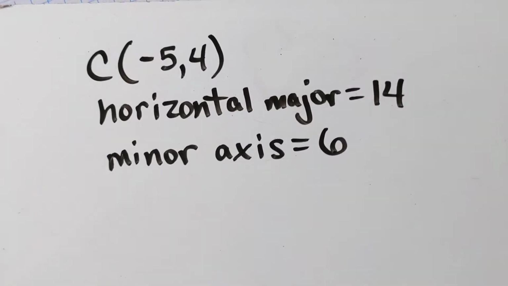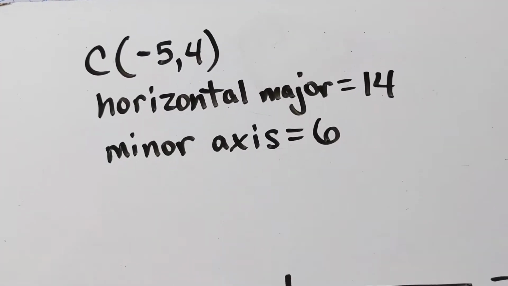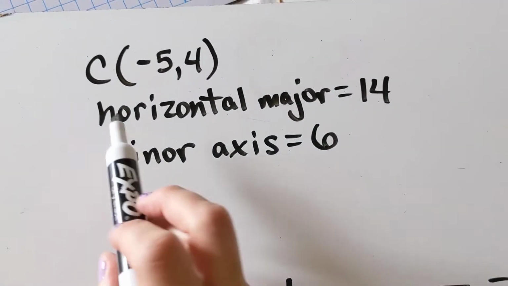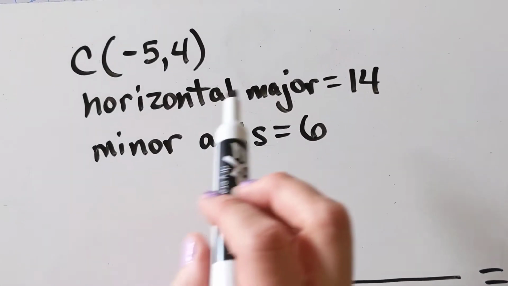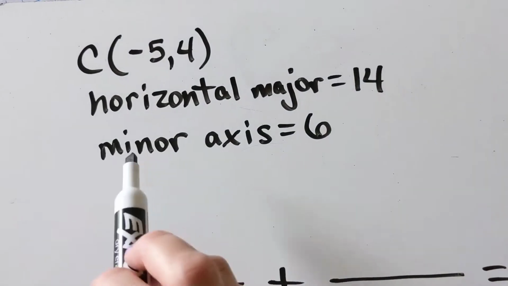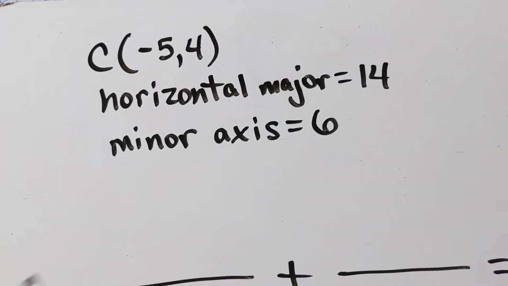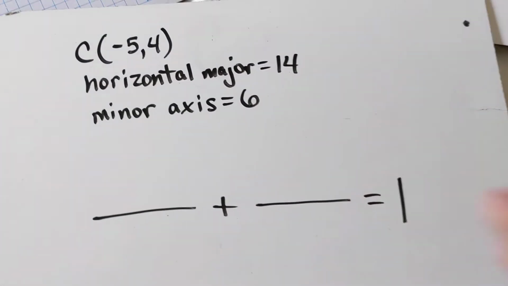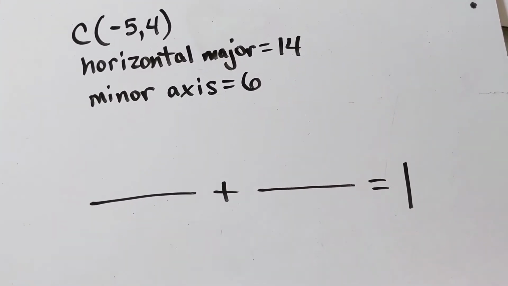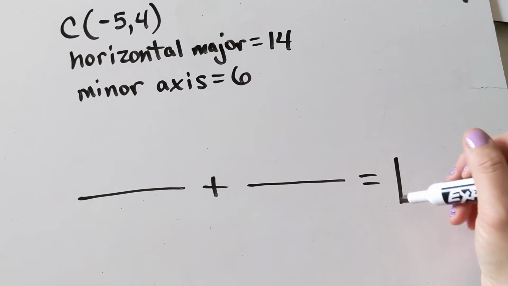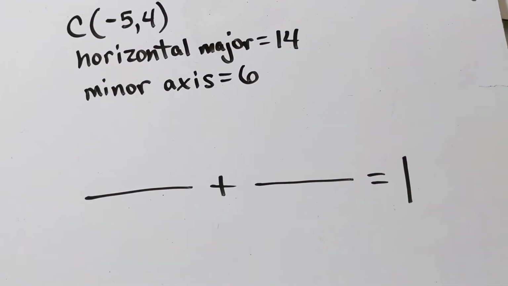Okay, so let's do one of those problems like the last 2. They'll give you the center. They're going to say either horizontal or vertical, so that tells you x or y, and your major length and your minor length. So start with one of these fractions right off the bat. We have 2 fraction bars, one for x, one for y, and it equals 1, and again it's plus.